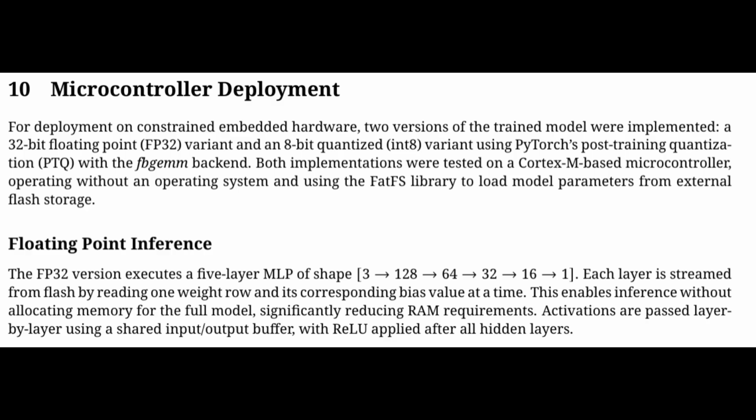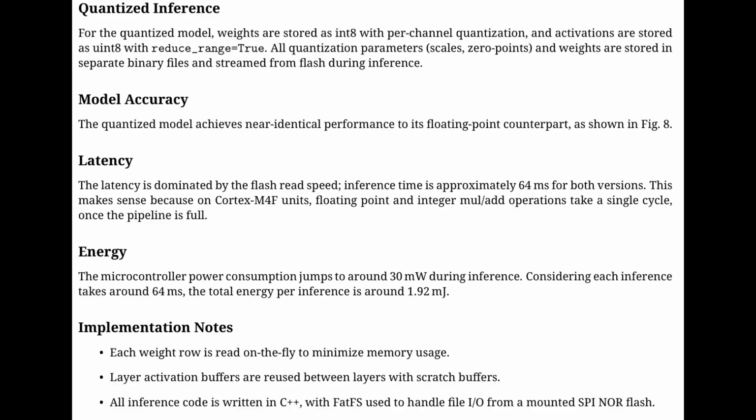The Int8 version uses PyTorch post-training quantization with the FBGEMM backend. All weights, biases, and quantization parameters are stored as binary files and read in chunks during inference, like the FP32 model. Both versions run in about 64 milliseconds with a peak power of around 30 milliwatts, which works out to around 1.92 millijoules per inference.